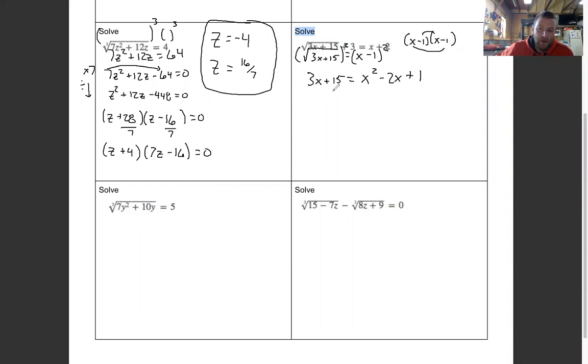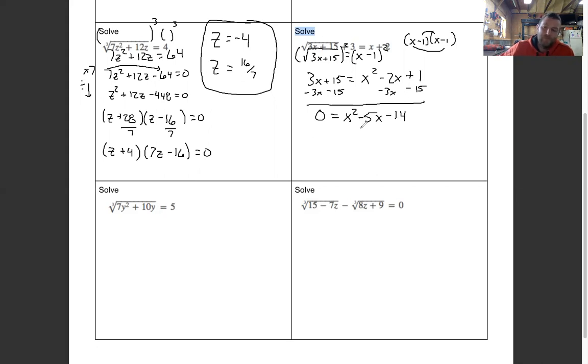Move everything over. I'm going to do that by minusing 15 and minus 3x. So I get 0 equal to x squared minus 5x minus 14.